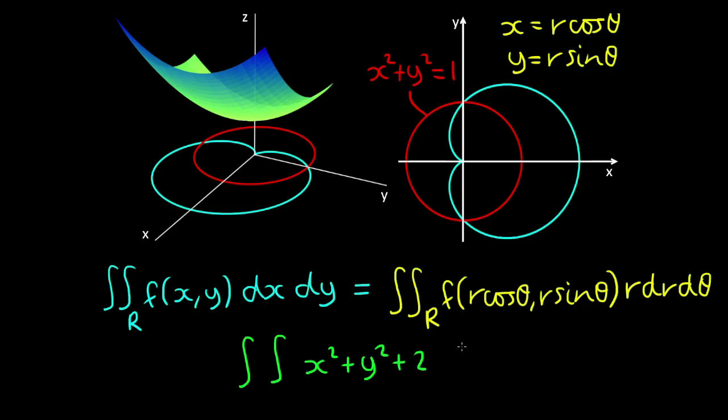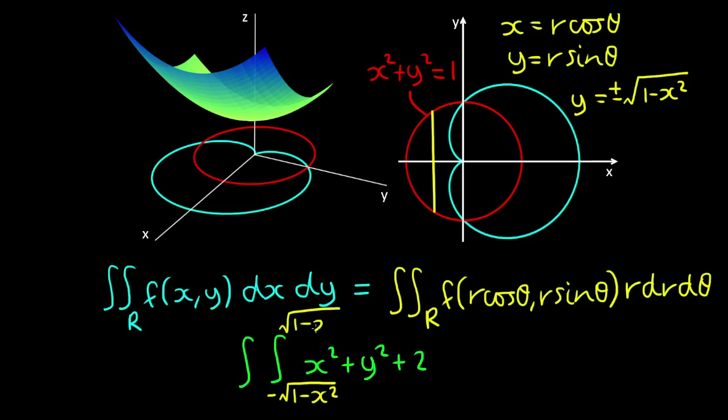So suppose we integrate it over y first, so we use vertical cross sections, and if we solve this for y, we get y is equal to plus or minus the square root of 1 minus x squared. So our limits of integration are minus the square root of 1 minus x squared to the square root of 1 minus x squared. So that's the integration over y. And then integrating over x, we integrate from minus 1 to 1.